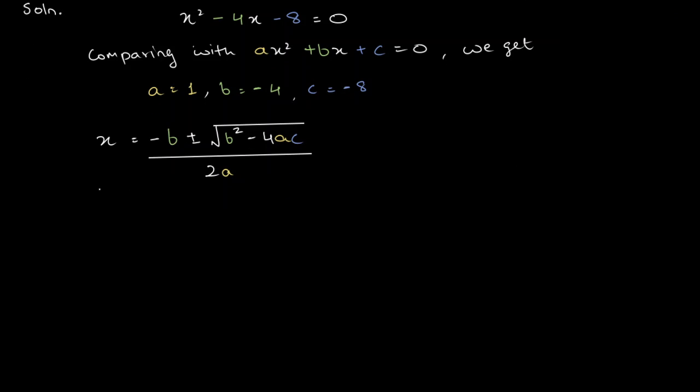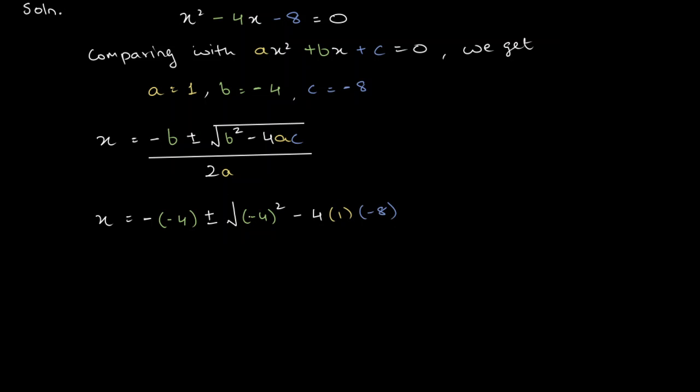So let's substitute our values for a, b and c in the given equation. So x will be equal to minus b, where b is equal to minus 4, so minus of minus 4, plus or minus square root of b square, so it will be minus 4 square minus 4ac, so a is 1 and c is minus 8.